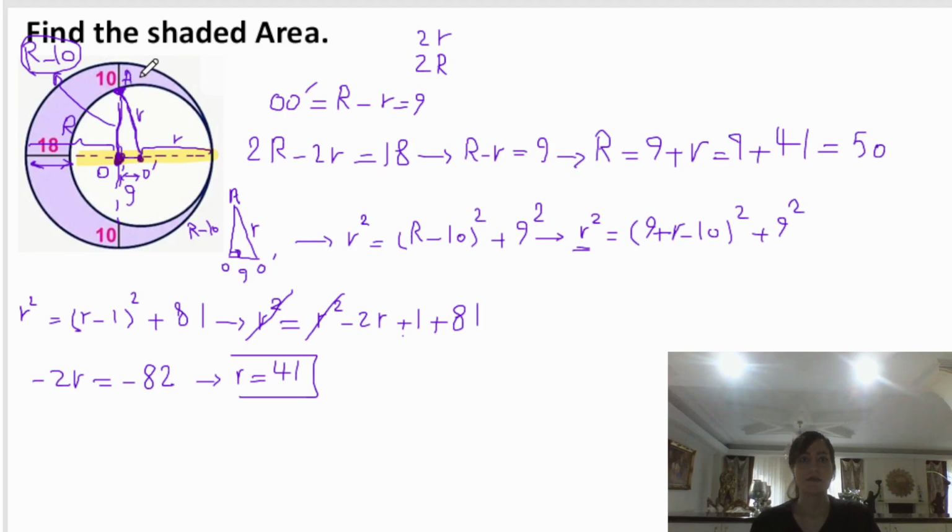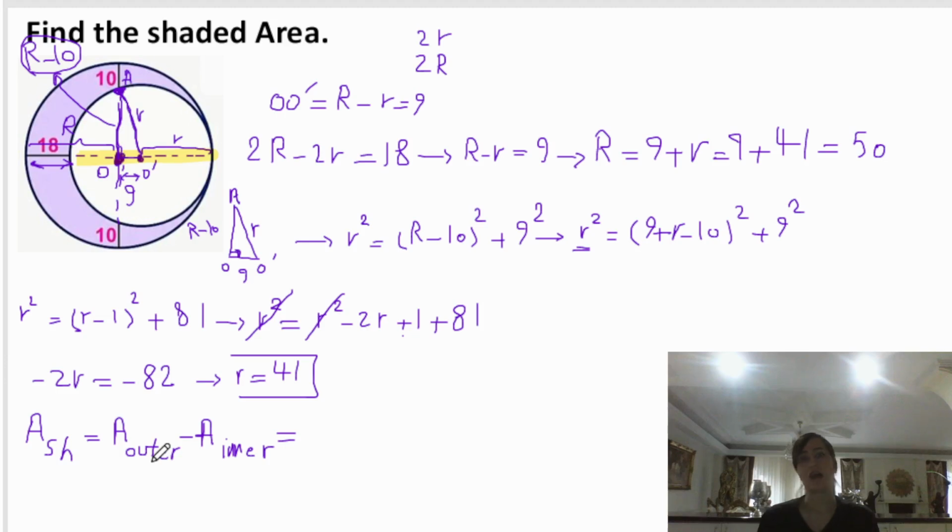As I said, to find the shaded area, I take the area of the inner circle away from the area of the outer circle. So the area of the shaded region equals the area of the outer circle minus the area of the inner circle.